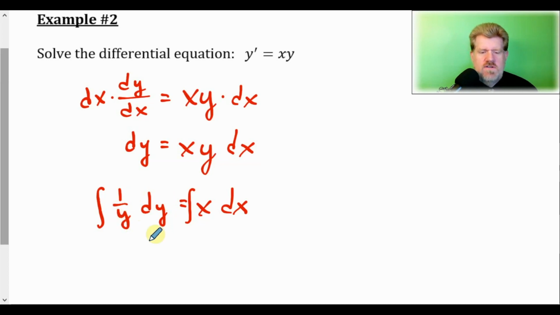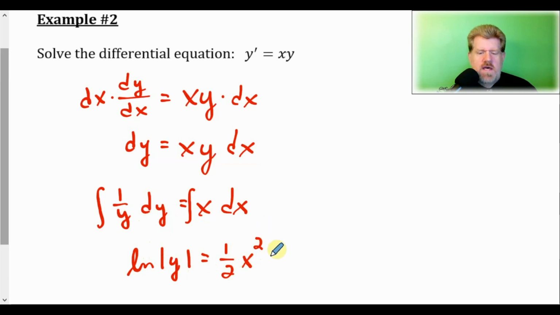Okay, what's the antiderivative of 1 over y? Well, here we go. Natural log, and we've got the y in absolute value because we need the y to be positive. The integral of x is 1/2 x squared, because we raise the power by 1 and divide by it, plus a constant. We need a constant.